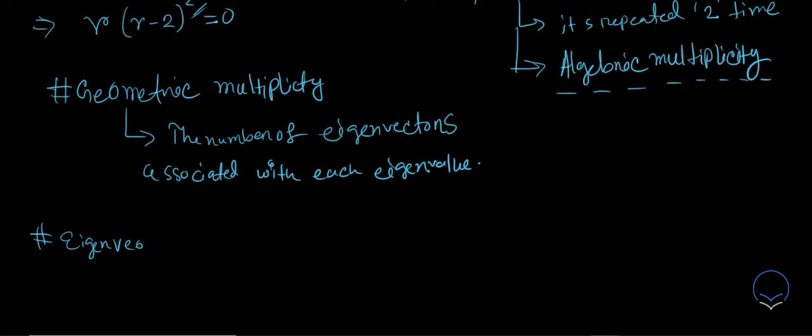Now we want to calculate the eigenvector, let's call this v1, associated with r equals 0. If you calculate it, it turns out to be v1 equals (1, 1, 2), and you will see there is no ambiguity there.